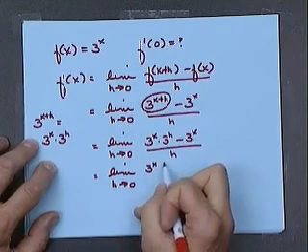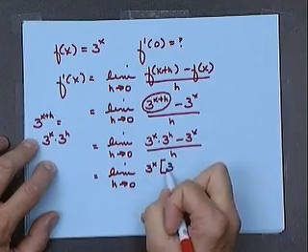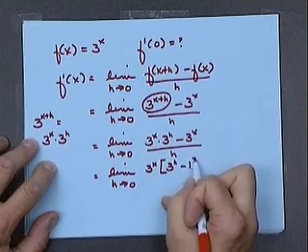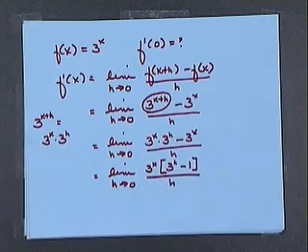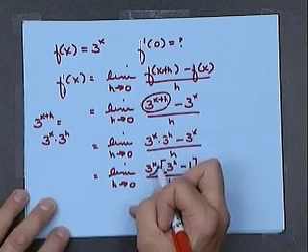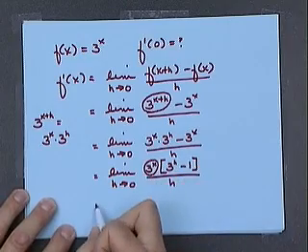So let's factor out a 3 to the x. Is 3 to the x affected in any way by h going to 0? There's no h in it. So I'm going to move that out in front.